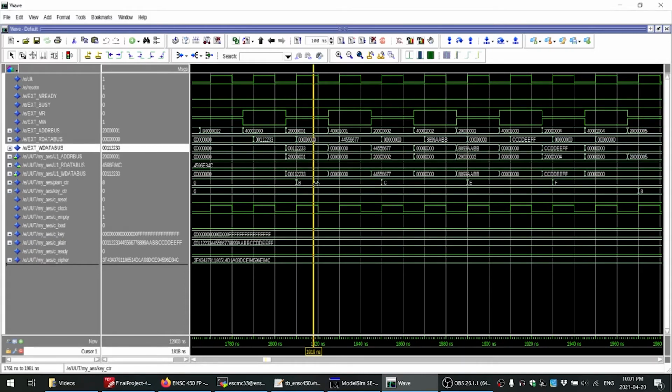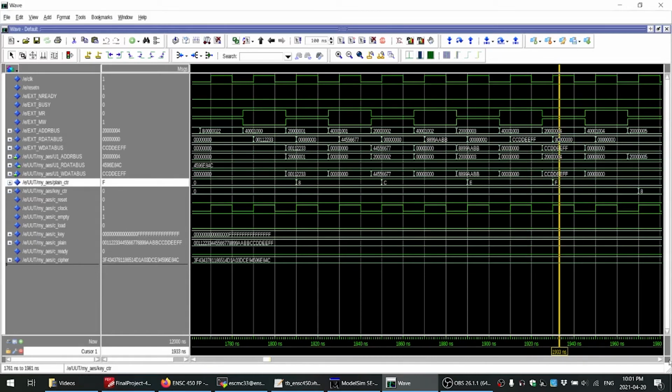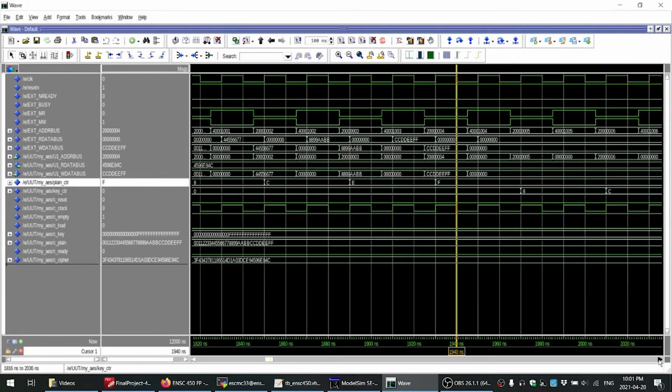And same thing again, this happens in 4 chunks, and the plain text is fully received by the AES core, and the counter is all ones now for the plain text.